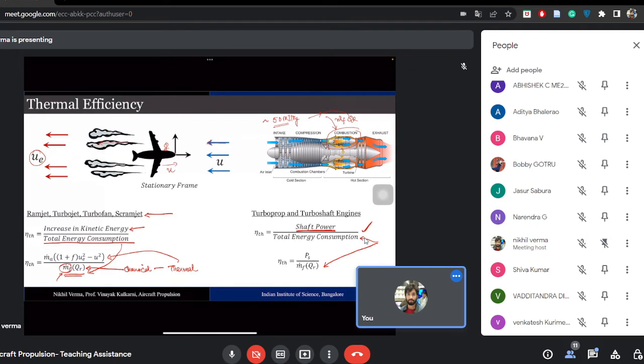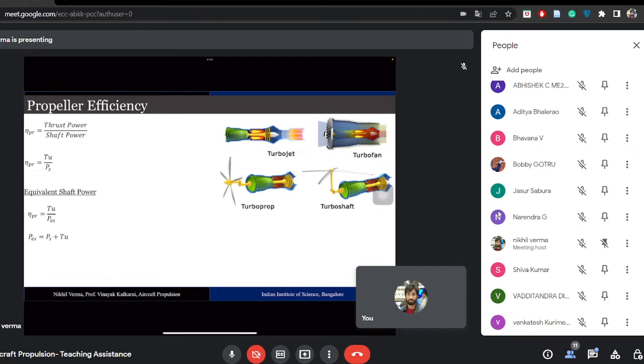Is the thermal efficiency part clear for turboprop and turbojet engines? Yes. Another thing, last time somebody asked me what is the difference between a turboprop and a turboshaft engine. This image shows a better version of this difference between the turboshaft and a turbofan.